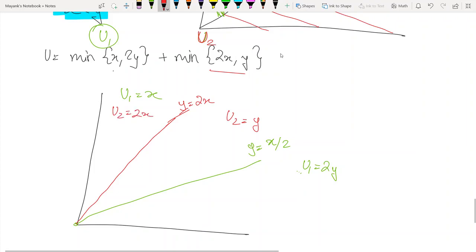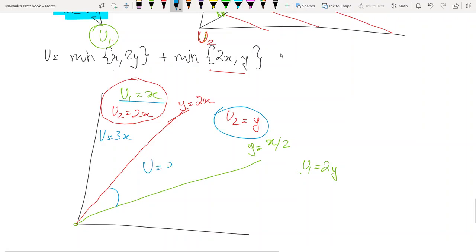Zone 1 is the leftmost zone, to the left of the red line, where u1 is x and u2 is 2x. Now total utility is nothing but u1 plus u2. So total utility here is u equals 3x. In the intermediate zone, u1 is still x because it's to the left of the green line, but u2 has changed to y.